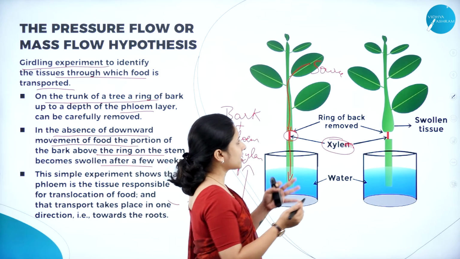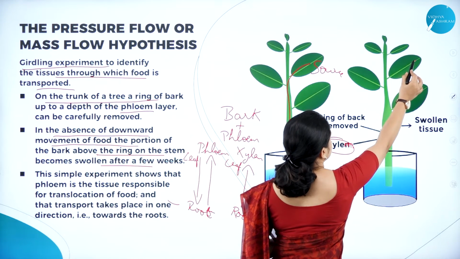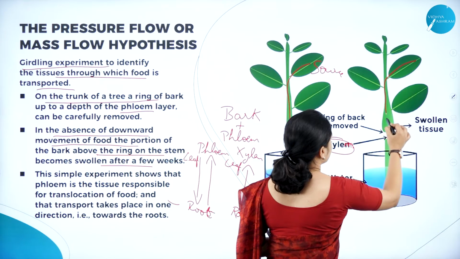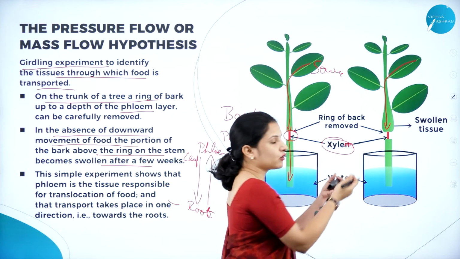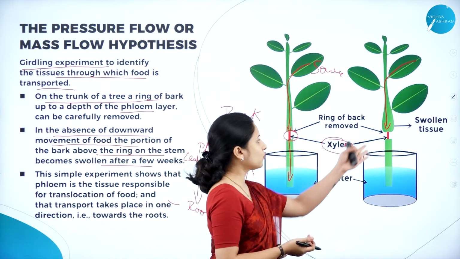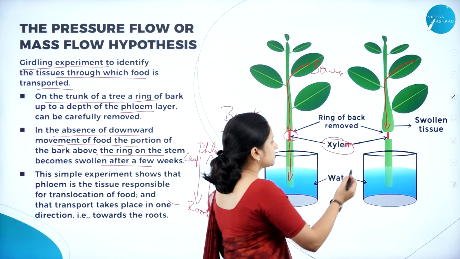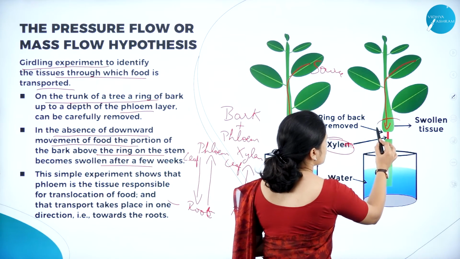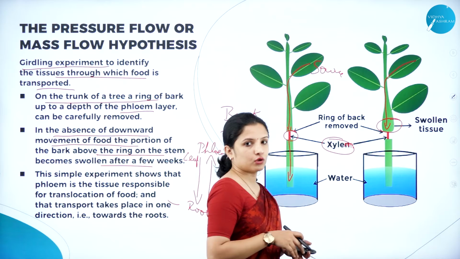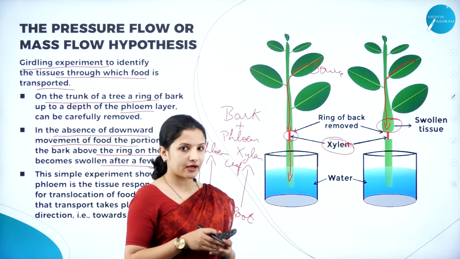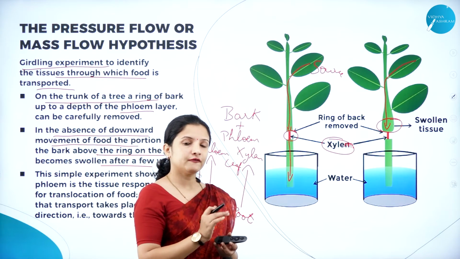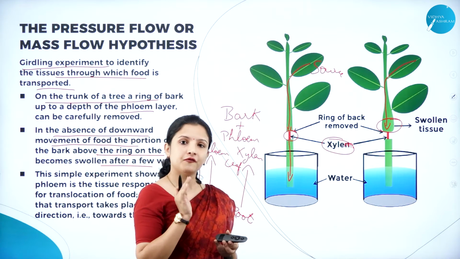So what happens? Food from the source will travel and start to collect here because it cannot go further down as phloem is not there. Therefore, the tissue here starts to become swollen. So they understood that the transport of food is through the phloem.